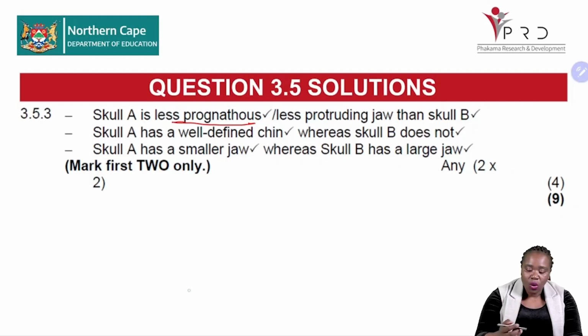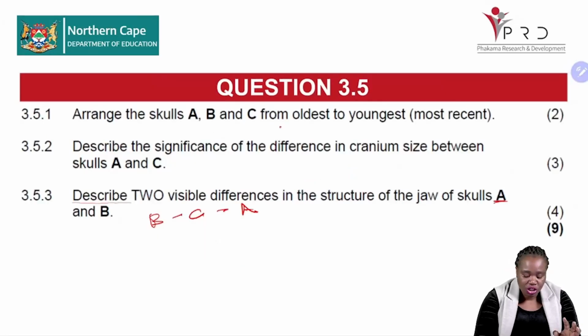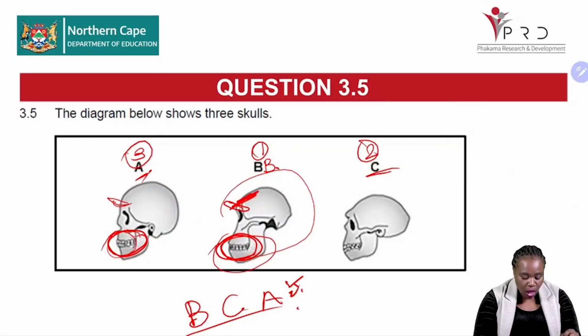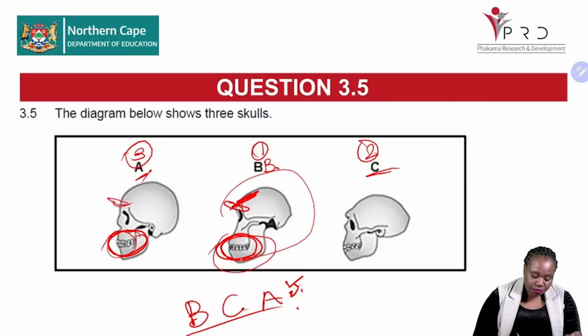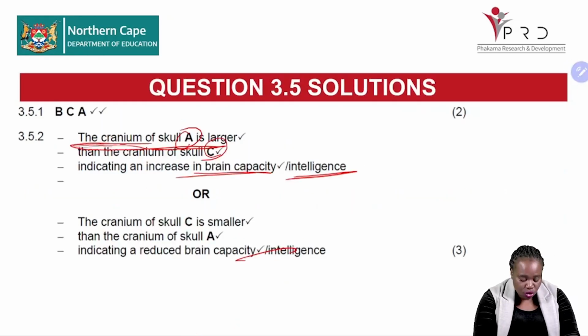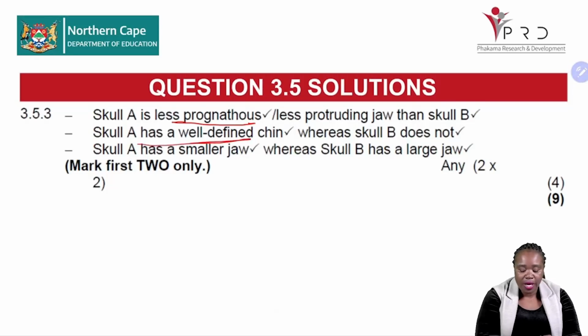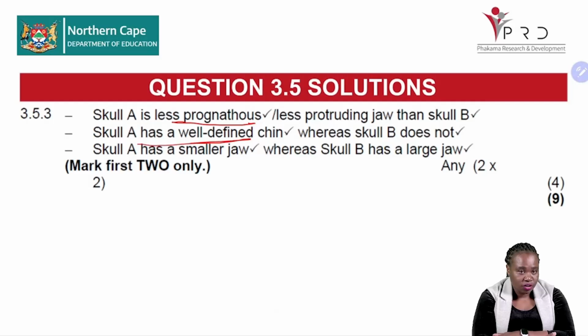And then once you start talking about how protruding the jaw is, you must then also start talking about the chin. So if you have a look, you would see that at A, we do have a well defined chin, whereas at B, we do not have that well defined chin. So A has a well defined chin, whereas B does not have that chin.